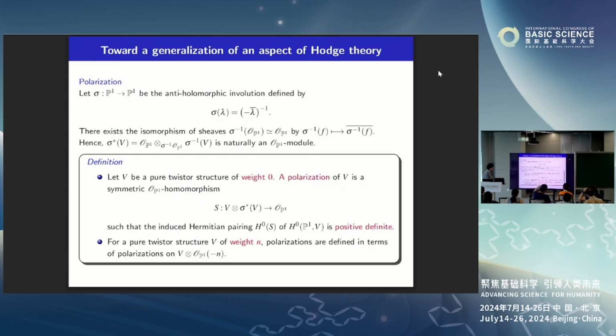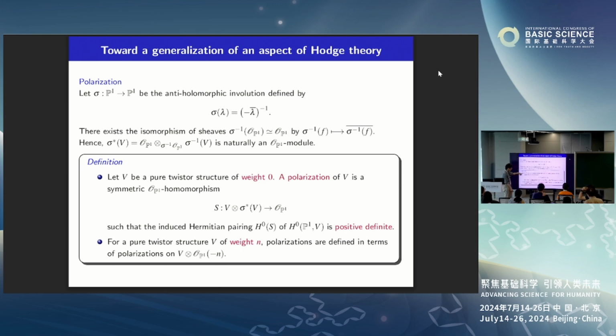Finally, I'd like to mention an attempt toward the generalization of an aspect of Hodge theories. The key is the polarization of twistor structures. Let sigma denote the anti-holomorphic involution defined by sigma(lambda) = -1/lambda-bar. Then the pullback of O_P1 by sigma is naturally isomorphic to O_P1. So we can consider the pullback of a twistor structure by sigma.